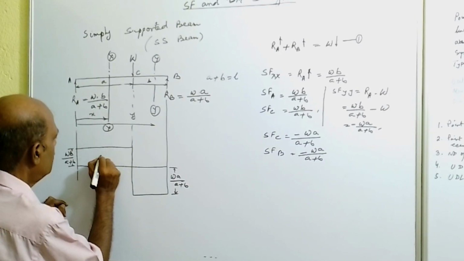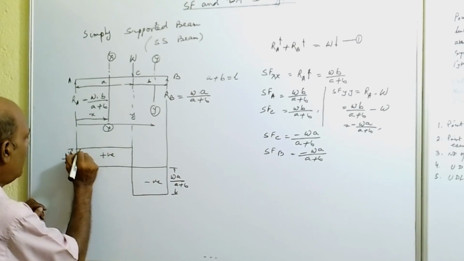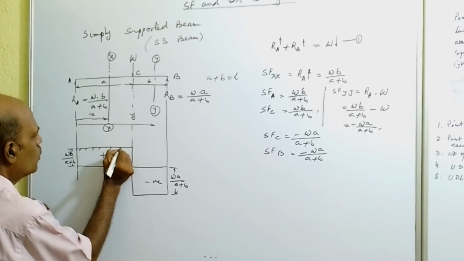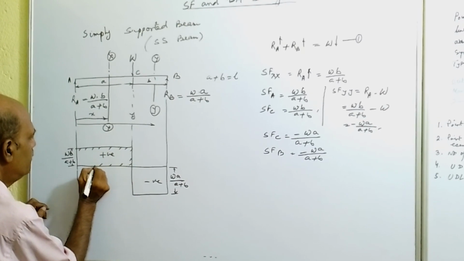This is positive and this is negative. Put the hatching marks. This will be the shear force diagram for this beam.